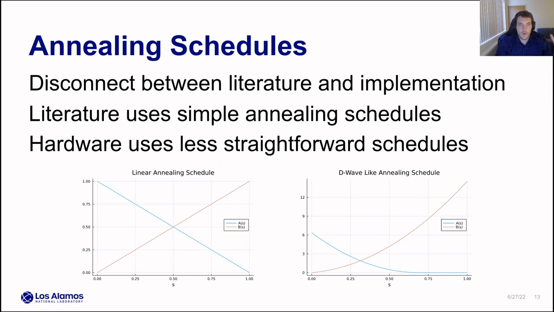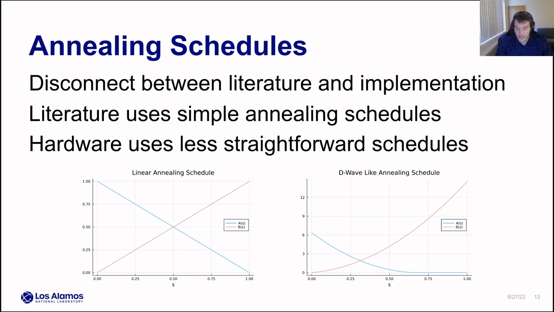Academics usually like to use the linear annealing schedule for estimating how a system will behave. But when we consider what's occurring on a quantum device, we have these much nastier expressions, which here we're simply modeling with a quadratic and a piecewise quadratic function.